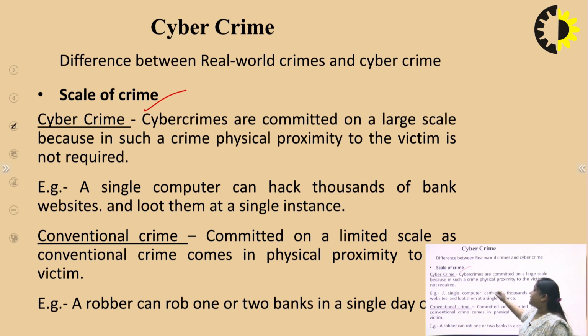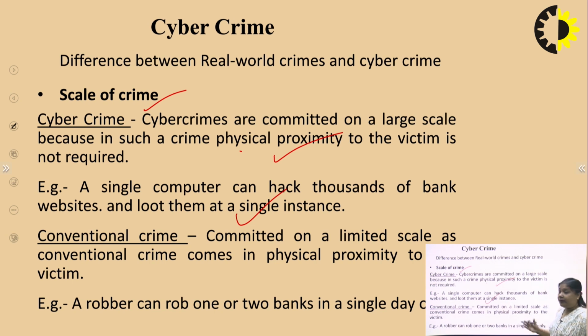For example, a single computer can hack thousands of bank websites and loot them at a single instance. By having only a single computer, they can steal all the financial data or money, and can transfer money from the accounts of persons who have accounts in that bank.